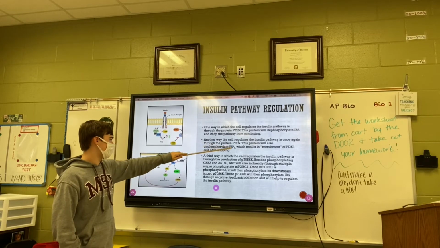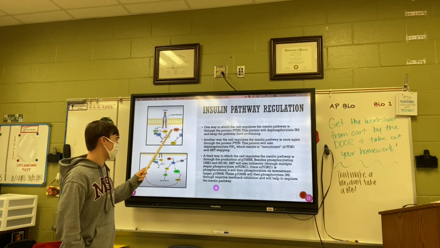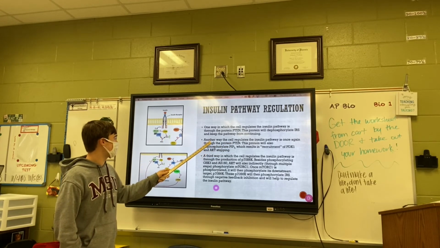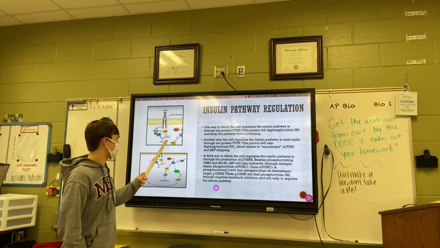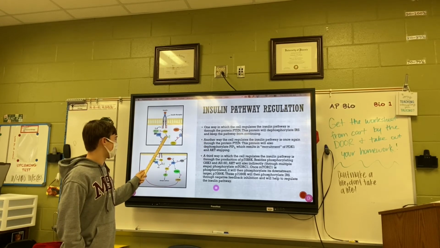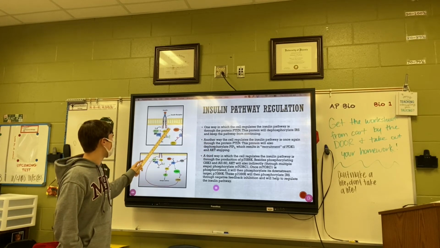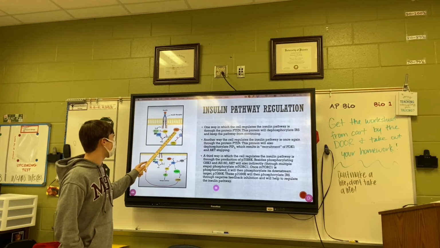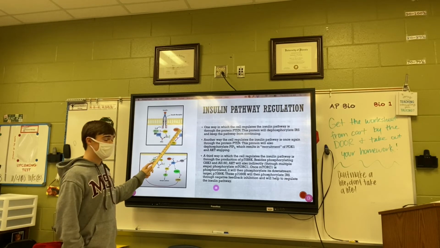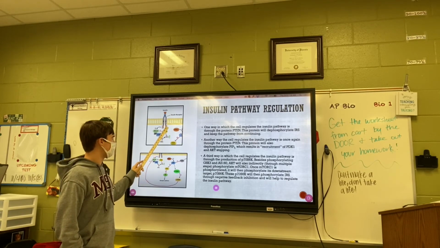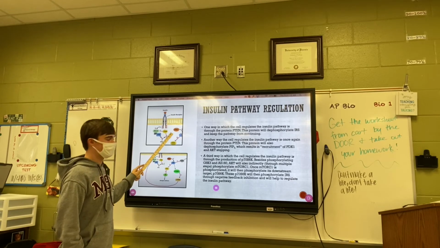And another way the cell regulates the insulin pathway is also through PTEN. This protein will also dephosphorylate PIP3, and this results in the recruitment of PDK1 and AKT stopping, so the AKT will not be phosphorylated by PDK1, which will ultimately halt the translocation of GLUT4 to the plasma membrane.